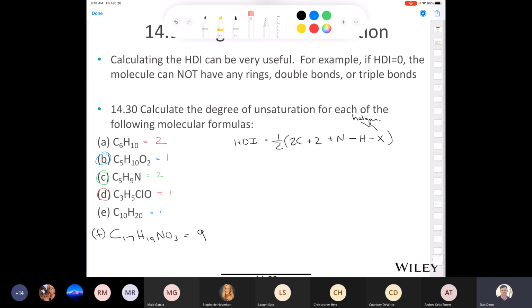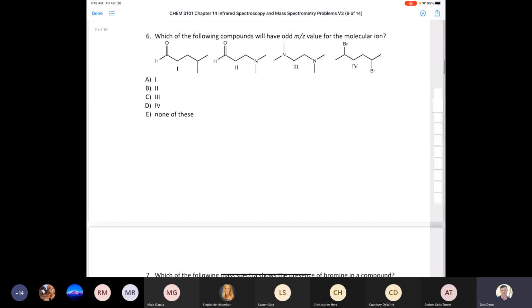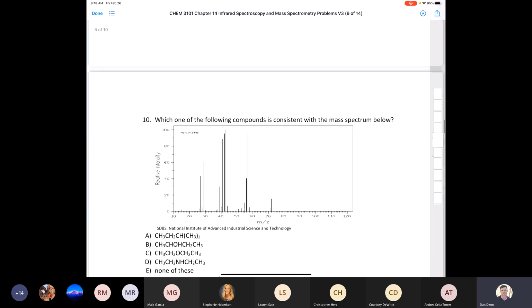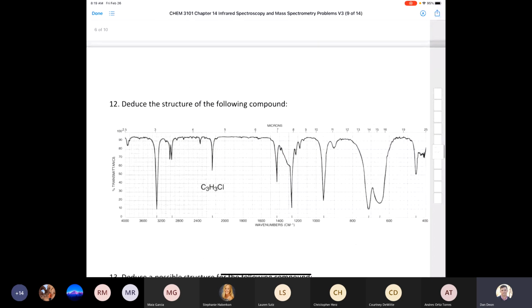Well, with that in mind, I want to take a look at a problem with you, which is this one here. I wanted to skip all the way to a problem that relates to what we're looking at right now. So question number 12.